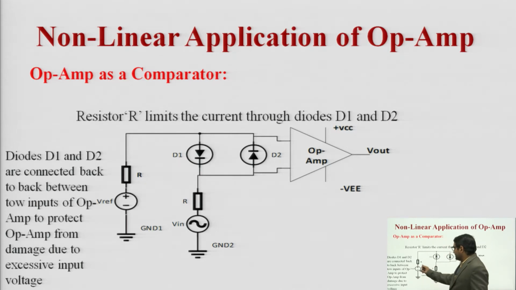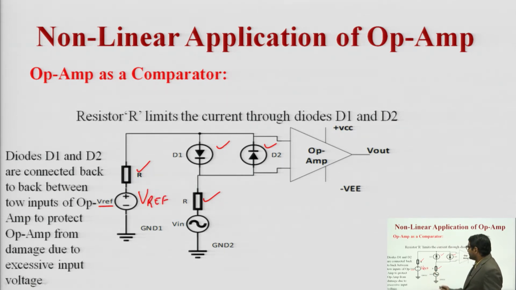This is the resistor R, here are two resistors R and two diodes D1 and D2. One is the known voltage, which is defined as V reference, and one is the time varying signal, which is basically the V in input voltage.